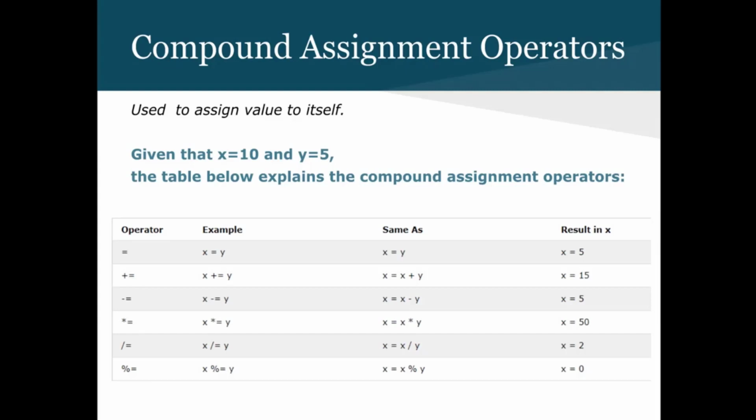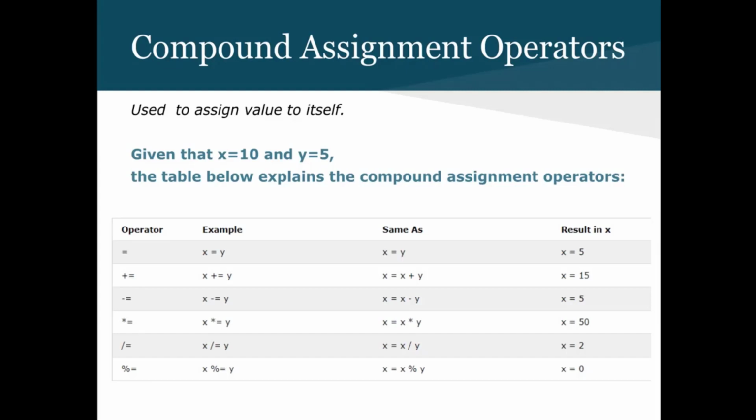So minus equals, same thing, only it subtracts. So x minus equals y can be written as x equals x minus y, which then makes the value of x 5, because 10 minus 5 is 5. Times equals, so it multiplies to itself.